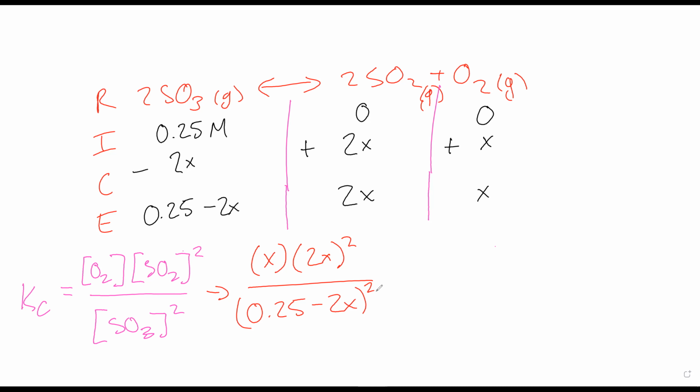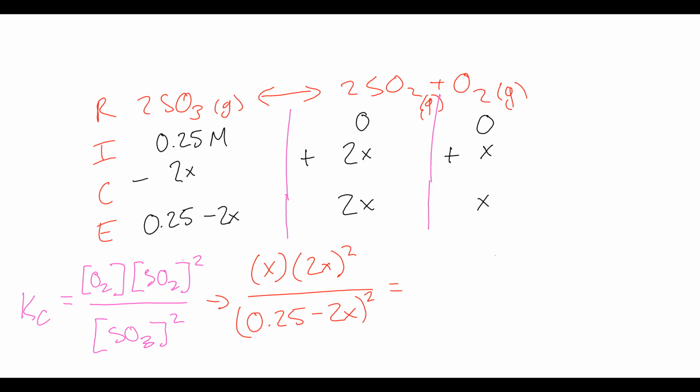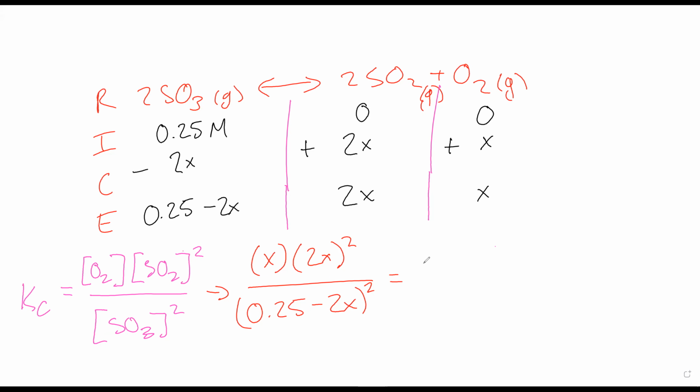Does that make sense there? Okay, good. So I set this equal to whatever the question has given me for Kc. Kc is 0.0000724. I'm going to write it in scientific notation, 7.24 times 10 to the negative 5.